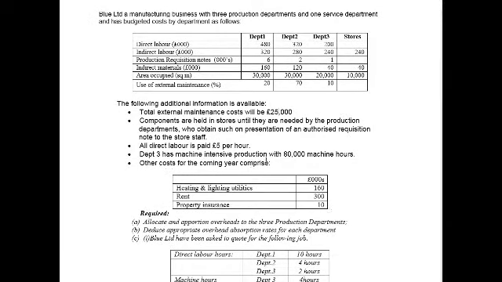Other costs for the coming year comprise heat and lighting utilities 160,000, so that is another indirect cost. Rent 300,000, another, and property insurance 10,000.